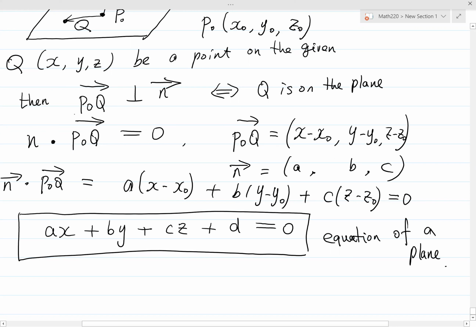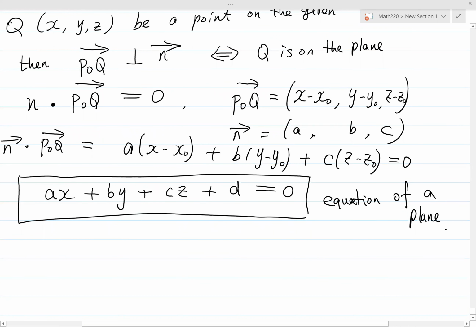If you have no z direction, you project onto the xy plane, then you get a line.